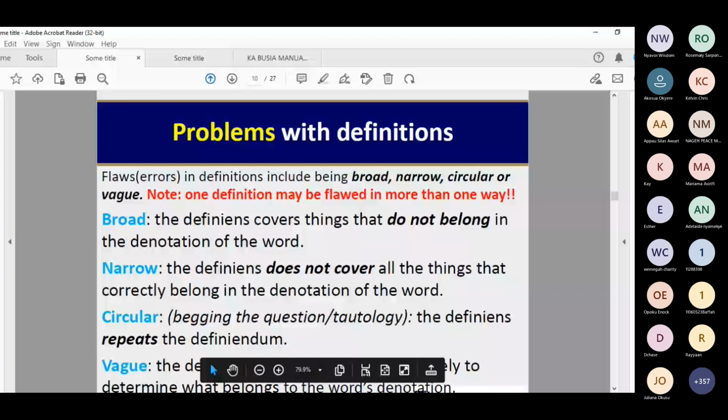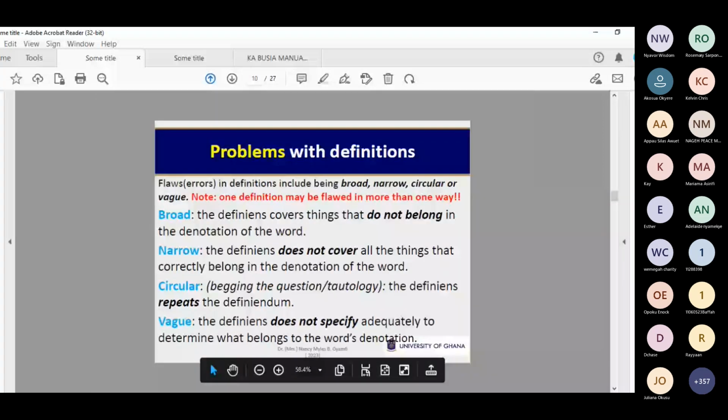Now, when do we say it is narrow? You have defined in such a way that it has excluded others that belong there. You're giving meaning, but remember, words are conceptualized before we capture them into language. So the concept of the word that we know is not what you have captured.